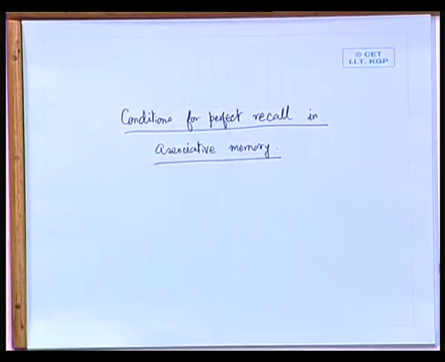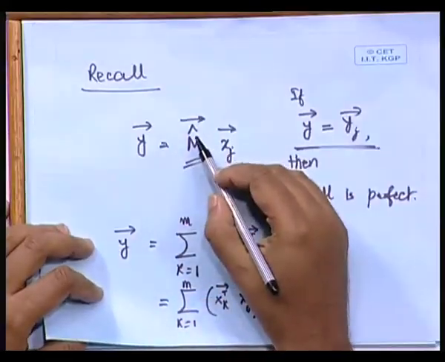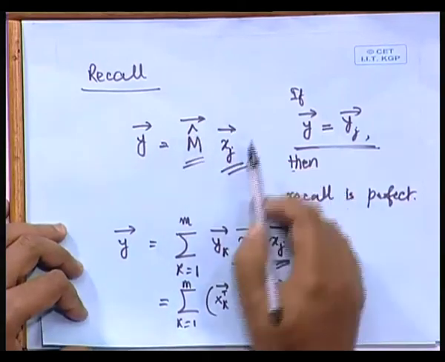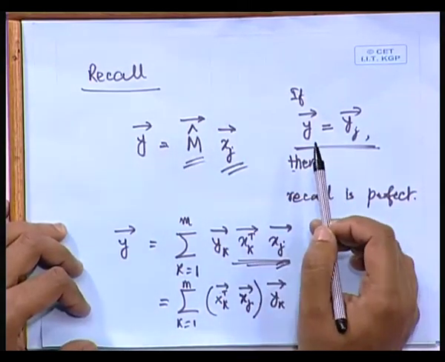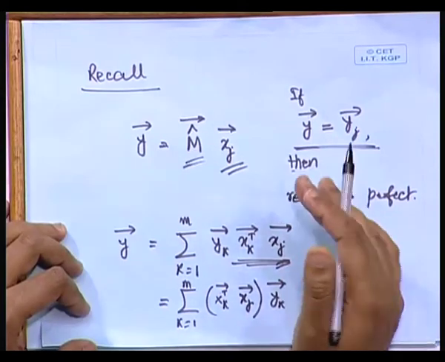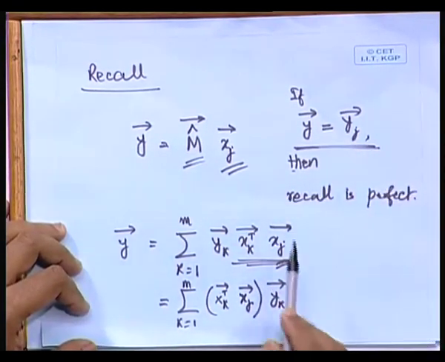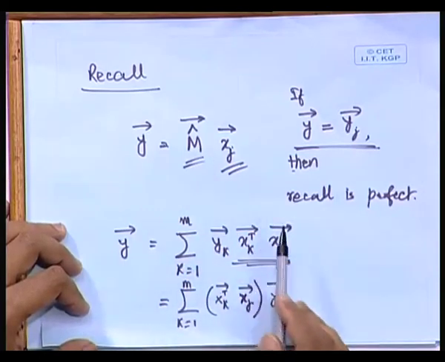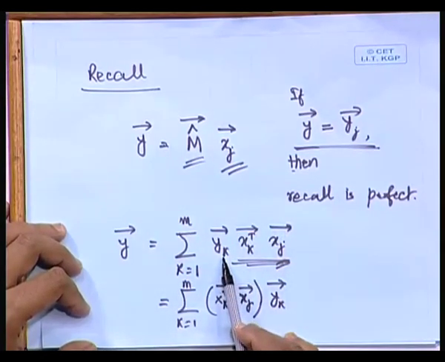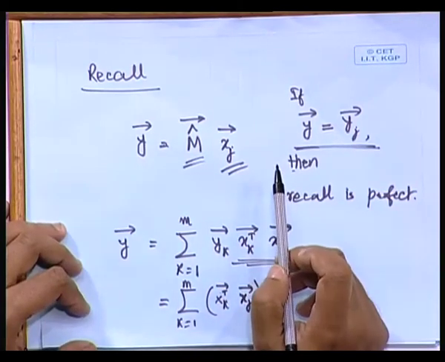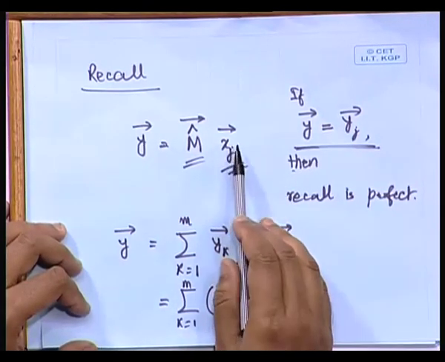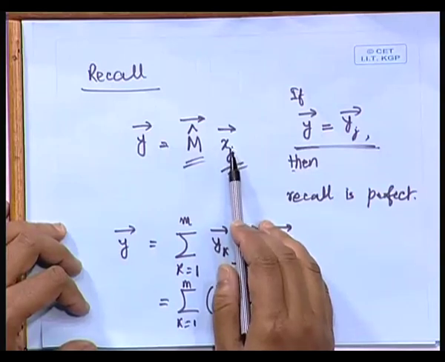So, as you remember, we had an estimated memory matrix M cap, which was realized out of the correlation, in the way that we had considered that M matrix to be the outer product of yk and xk transpose. And then we had fed pattern xj.